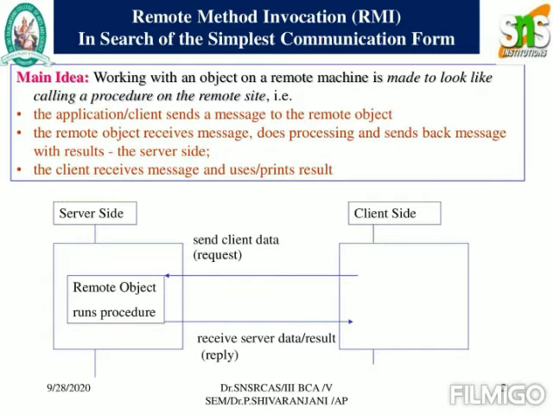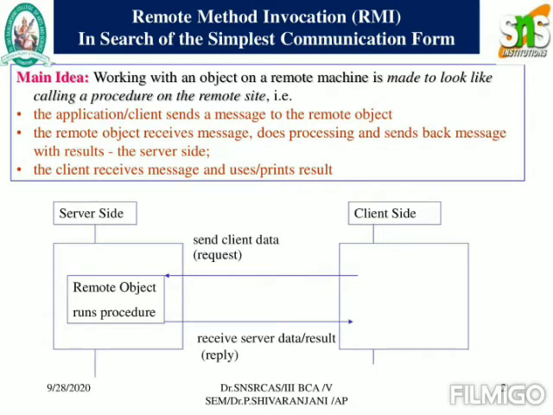So next, how this particular thing will work has been shown in the diagrammatic representation. Here you have a server side and the client side. In the server side, you will have a remote object, which will help you to run your procedure. When the client makes a request to the server, the server will accept the request and make a call to a particular procedure, and it will go and search whether the particular data is available inside the server or not.